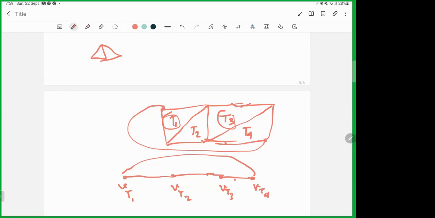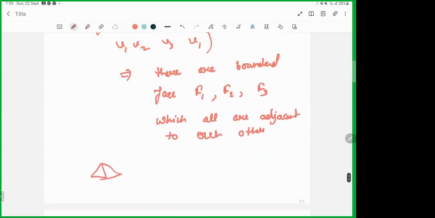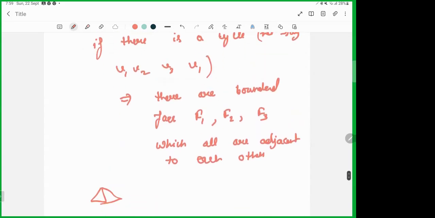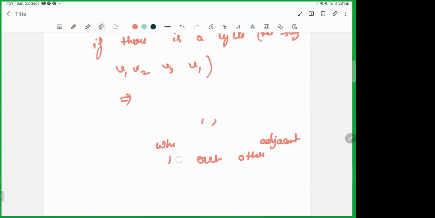You are correct, but we need to write it precisely. So let's think. So there are bounded faces. So if there is a cycle, there are bounded faces. Okay. So I should not write this. I should write what? There is a cycle.